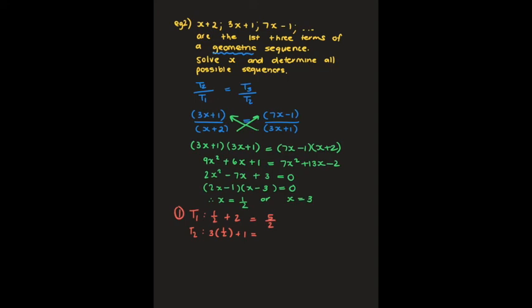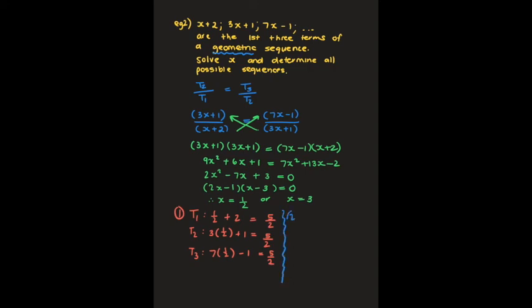So that's also going to be 5 over 2. And then term 3 is 7 times a half minus 1. So that's 3.5 minus 1. That's also 2.5 or 5 over 2. I know this looks a bit weird, but you can see between the terms that we're just multiplying by 1. So a bit of a weird pattern.